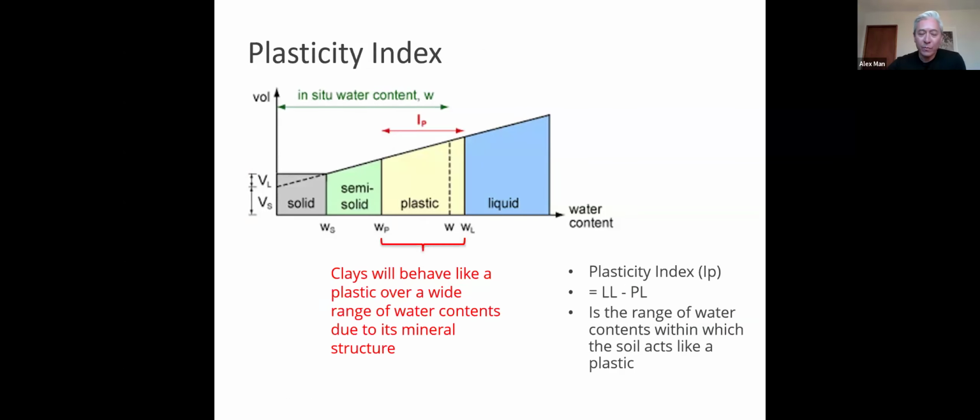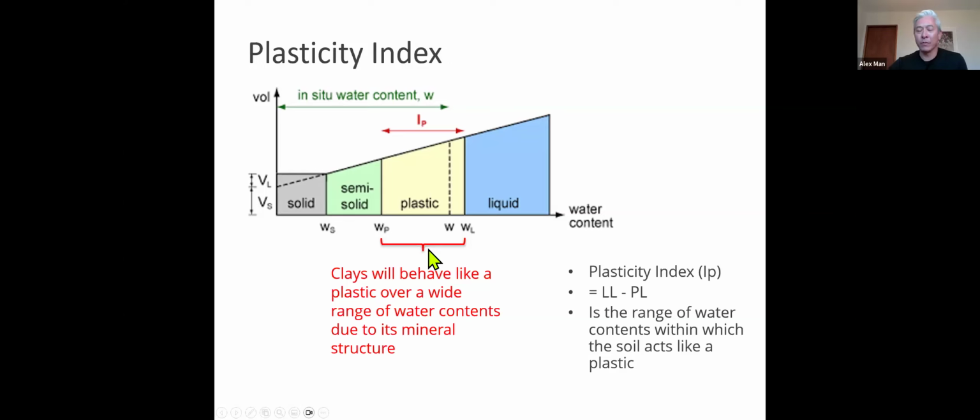Okay, so one more thing to define: the difference between that plastic limit and that liquid limit. If I go over here with the cursor, plastic limit's down here, liquid limit's up here. Clays will behave like a plastic over a large range of water contents.